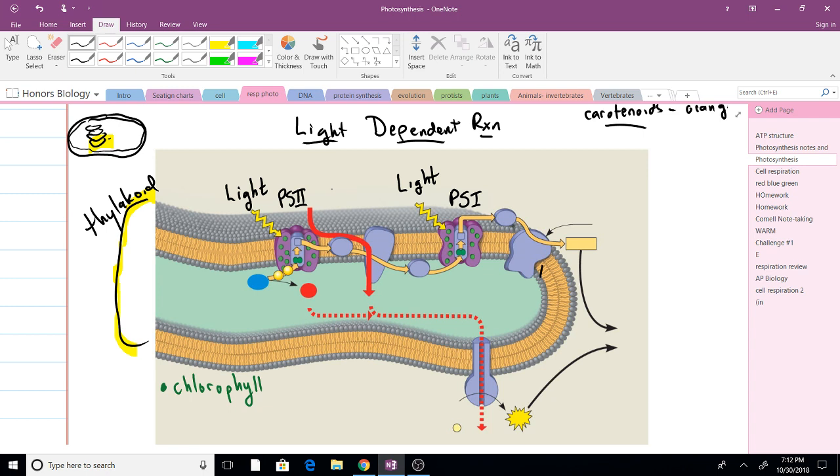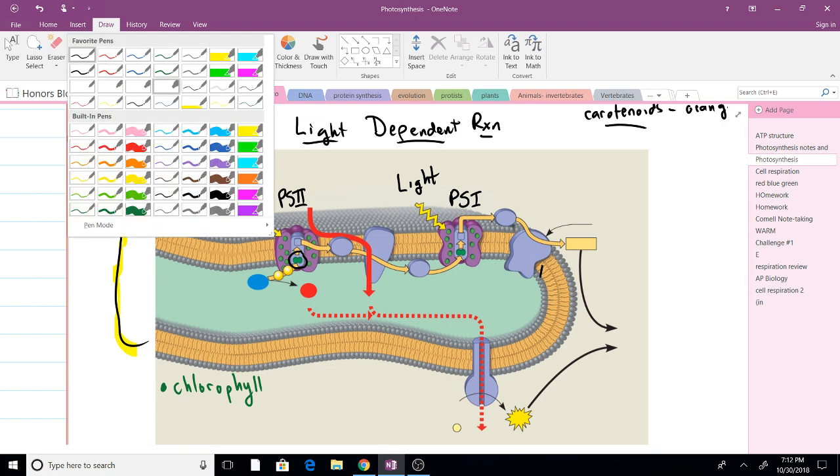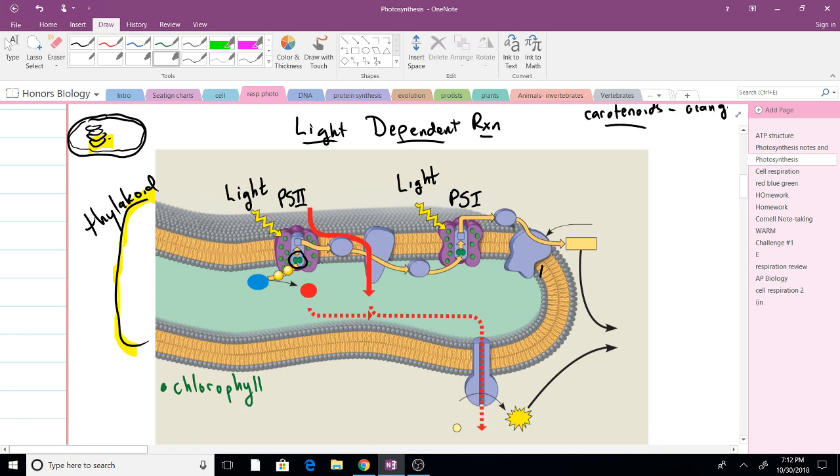They're absorbing the energy and they're bouncing around in their orbitals, and they're passing on the energy to this one set of chlorophyll molecules right here. And that set of chlorophyll molecules is unique in that the electron can actually bounce up and out.